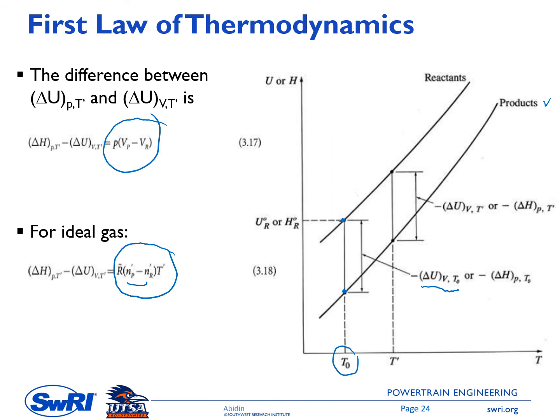And this is the same thing, but at temperature T prime. You can see here, as the temperature increases, the difference decreases, because the slope of these two lines makes them get closer at a higher temperature.